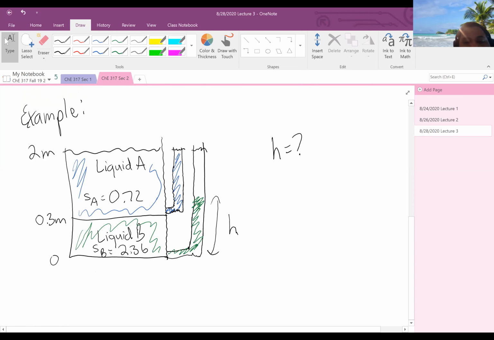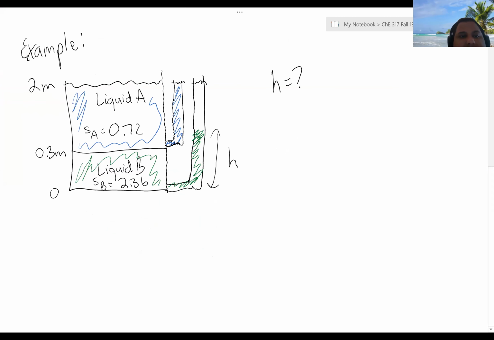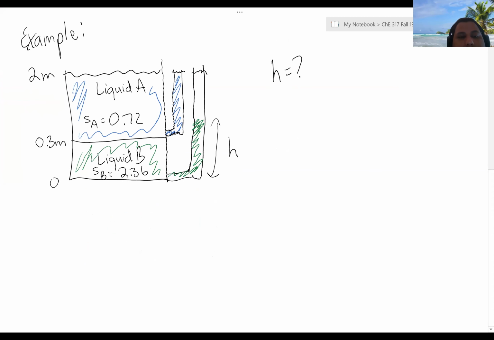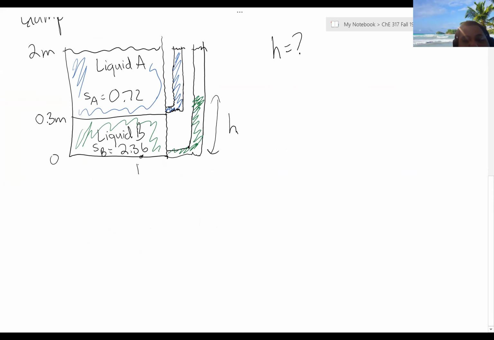Well, through application of fluid statics and our understanding of manometers, we can come up with a calculation to determine the height of B. So what we need to know is what's the pressure at the bottom of the tank, which I will call P1.